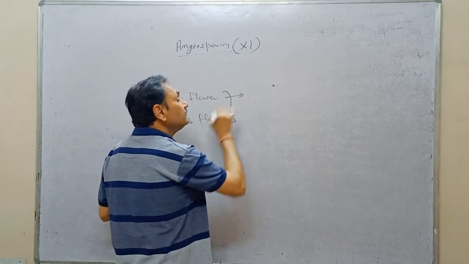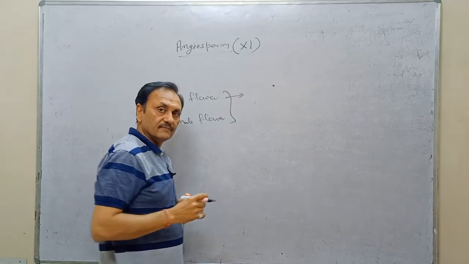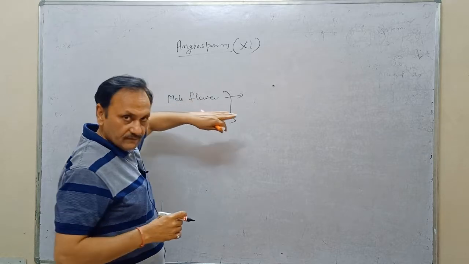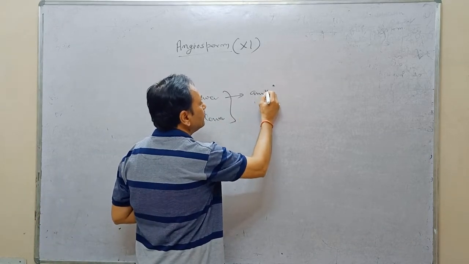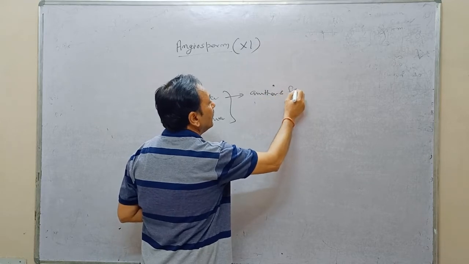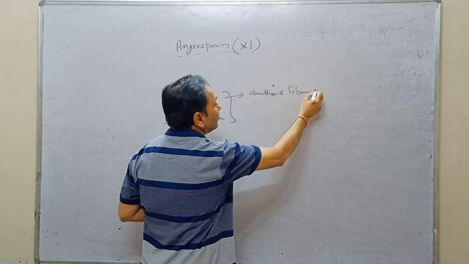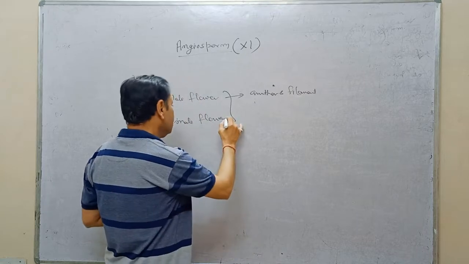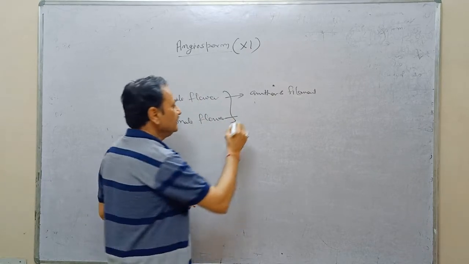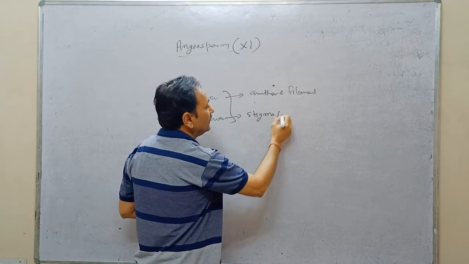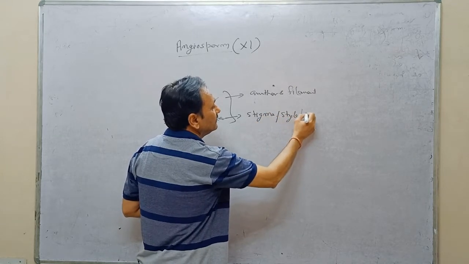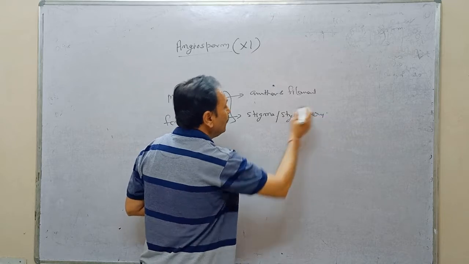If a flower is male, then it has male reproductive organs, and they are anther and filament. If the flower is female, then it has stigma, style and ovary.